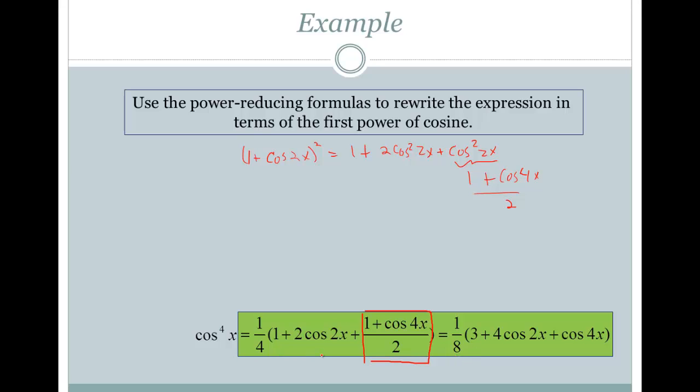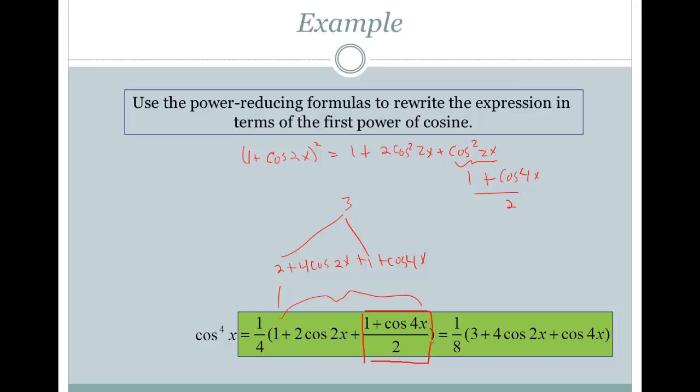When I took out another 2, this became 2 plus 4 cosine of 2x plus 1 plus cosine of 4x. So this step right here is factoring out the 1/2. That's the parentheses. I combined the 1 and the 2, and I got 3 there. Okay, and that's where that term came from.